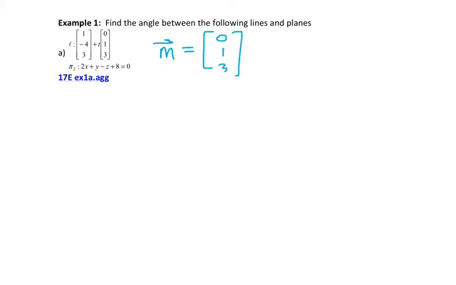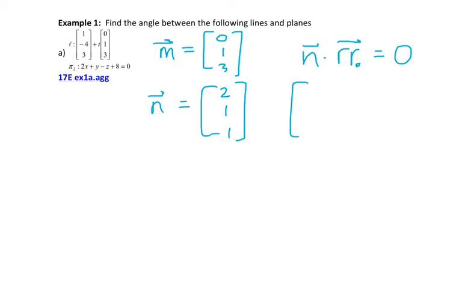Looking at our plane equation, remember we had that n dot r minus r0 is equal to 0, where we're going from any point on the plane to a given point on the plane. Here we don't know the given point on the plane, but clearly our n value must be the coefficients of the x, y, z. So 2, 1, negative 1.